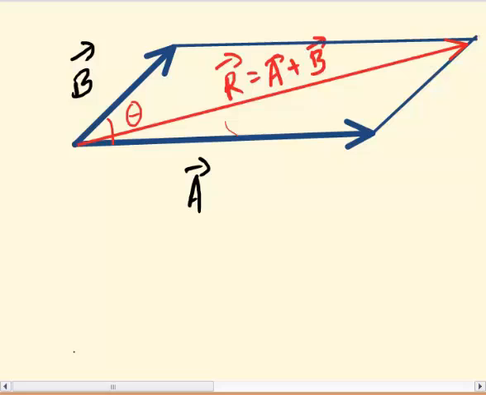First of all, let's drop a perpendicular from this point and extend A vector to cut this line at, let's say, some point P. And let's call the head of A, Q. Let's call this vertex O.